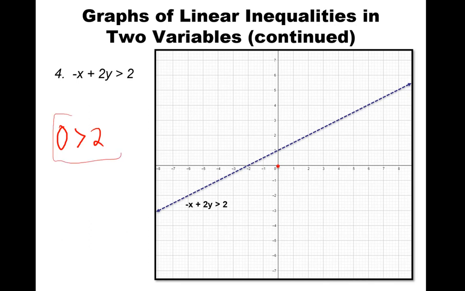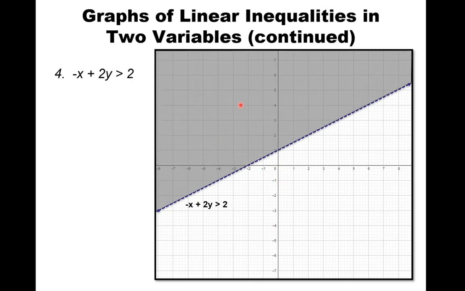Is this correct? No. Kasi alam naman natin si 0 ay less than. Ibig sabihin, wala sa side na ito yung solution set natin. Nasa kabila. That's why our shaded region will be yung taas.